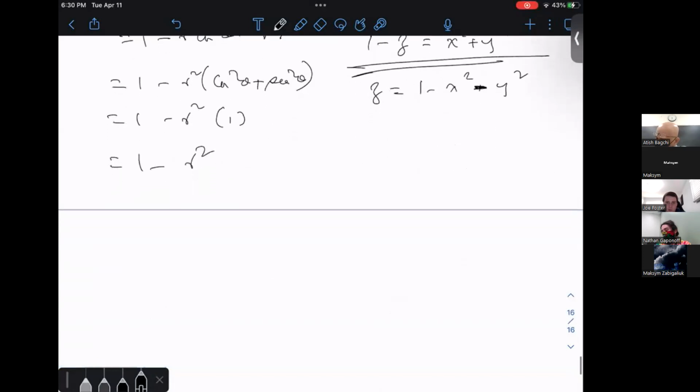So the parameterization sigma is of (r, theta). So we are using cylindrical coordinates essentially: polar on the xy plane and cylindrical otherwise.